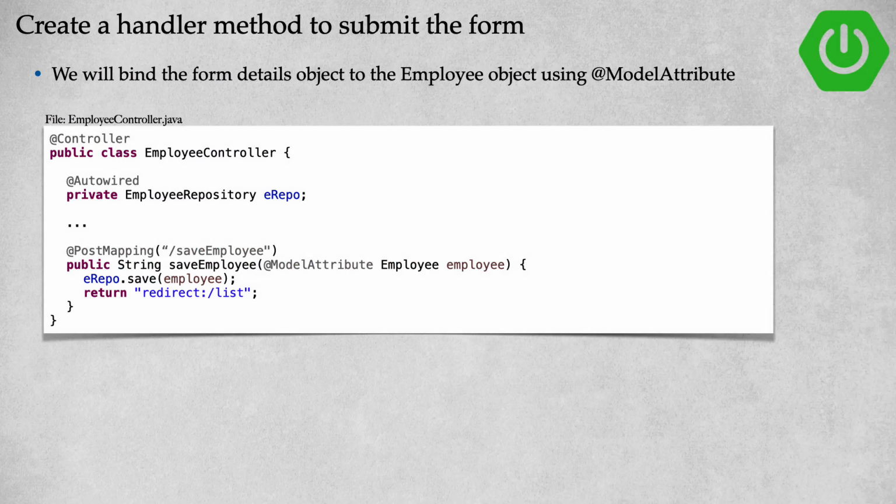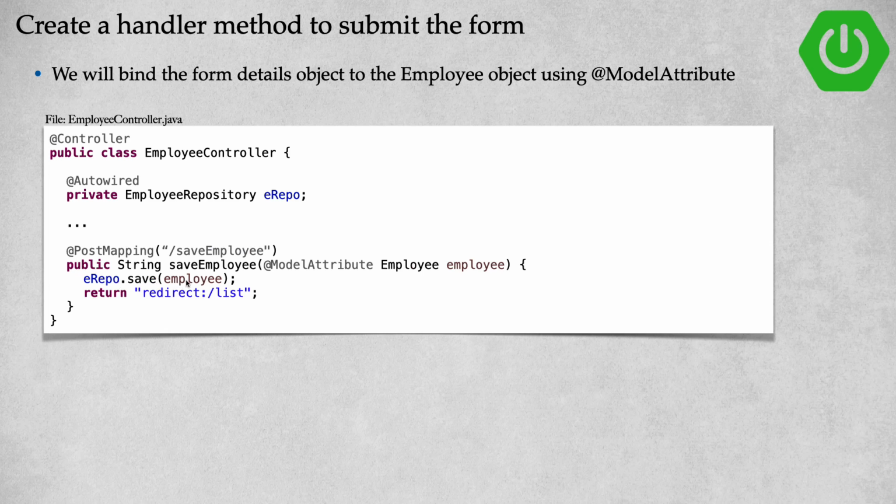Next, we are going to create a handler method to submit the employee form. We are going to bind the form details to the employee object using the model attribute. Inside the method parameter, we are going to make use of the model attribute to bind the employee details to the employee object, and we are going to call the repository save method.